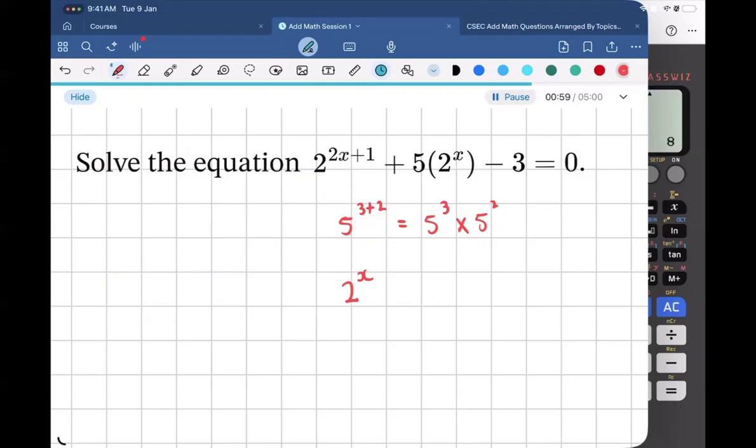The hardest part is to figure out how you're going to deal with 2 to the power 2x plus 1. To deal with that, you have to undo it using the rules for indices. Again, my example was 5 to the power 3 plus 2. That could be 5 to the power 3 by 5 to the power 2. If you don't fully understand, that's okay. I'll do the questions with you.